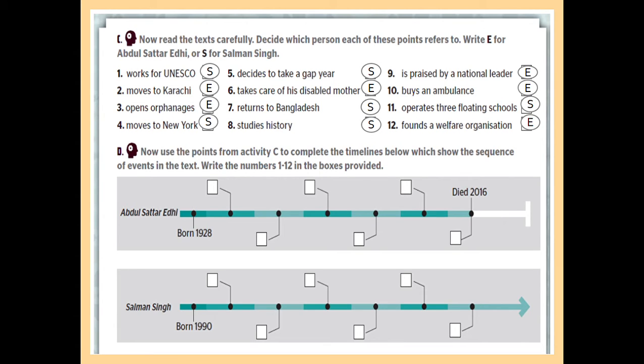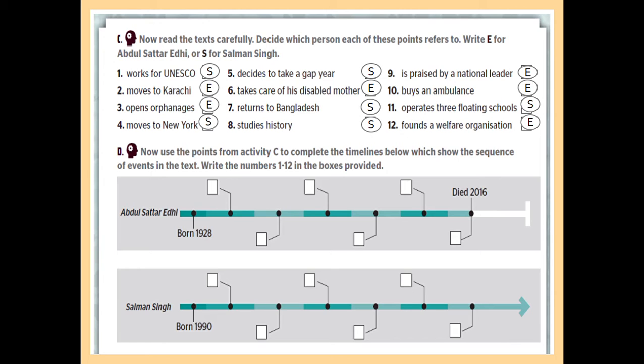Now, read the text carefully, then decide which person each of these points refer to. We are going to use the points from activity C to complete the timelines below, which show the sequence of events in the text. Write the numbers from 1 to 12 in the boxes provided.